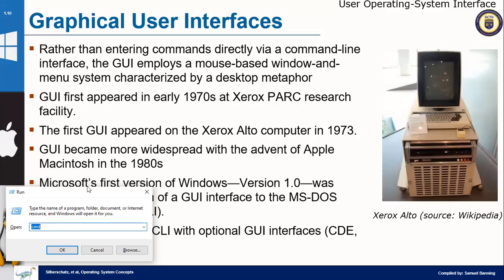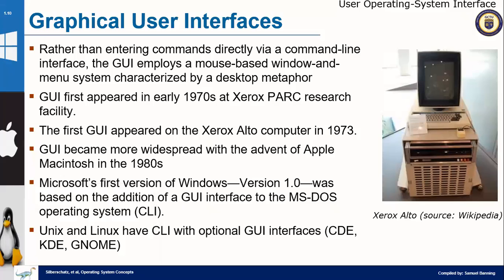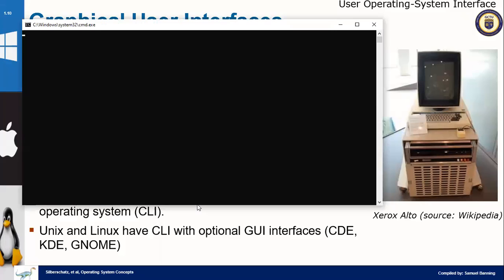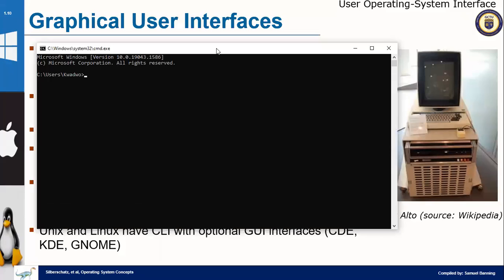Do you see the Run command? Good. When I type CMD, that is a command that is going to open the command prompt for me. I'm sure you can see the command prompt.